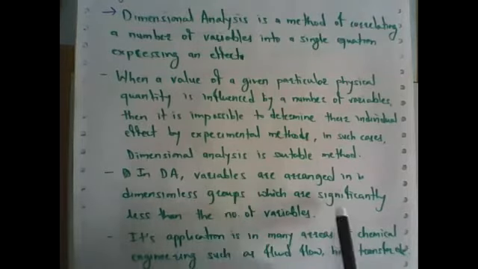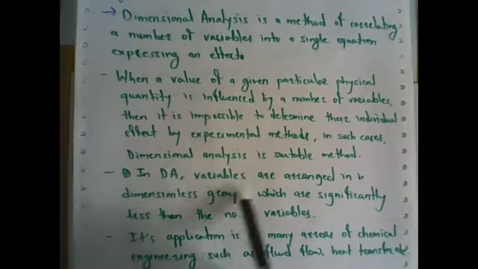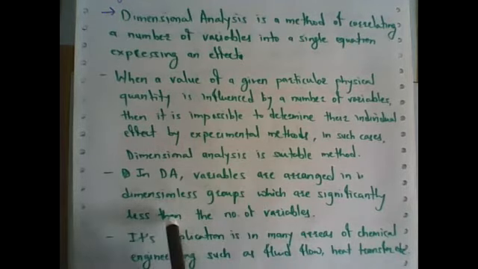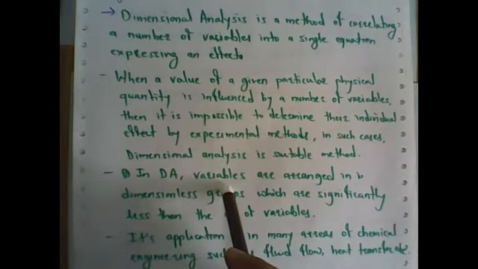Fewer means the number is significantly less as compared to the variables. For example, if 9 variables are present in a particular equation, then we convert them into at least 4 to 5 dimensionless groups. This 4 to 5 is fewer than the number of variables.